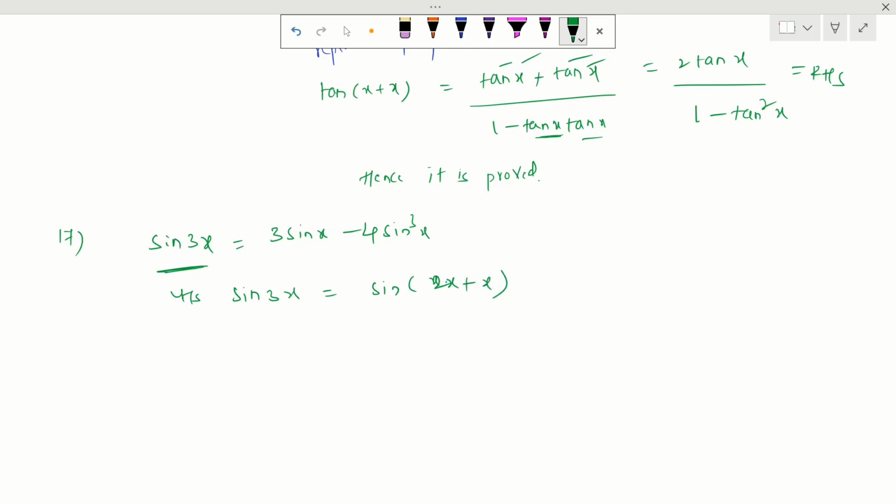You can write sin 3x as sin of 2x plus x. The meaning is the same here.